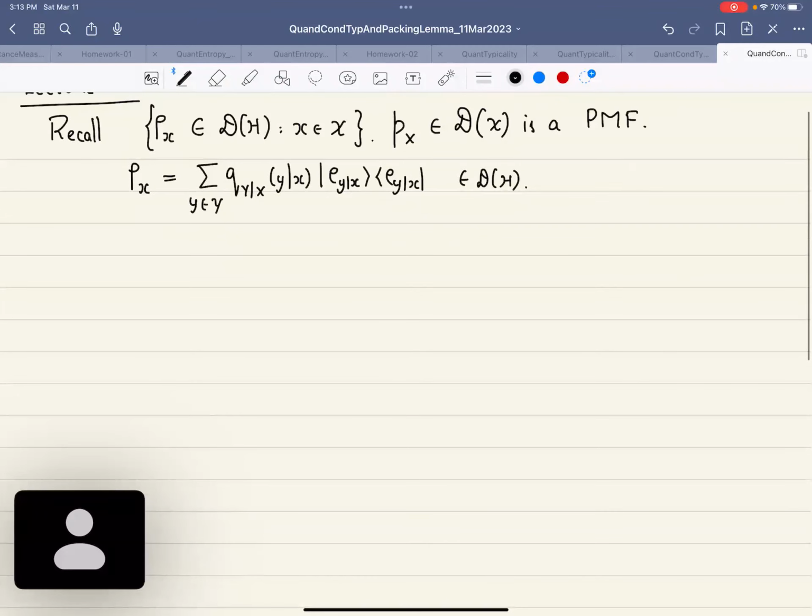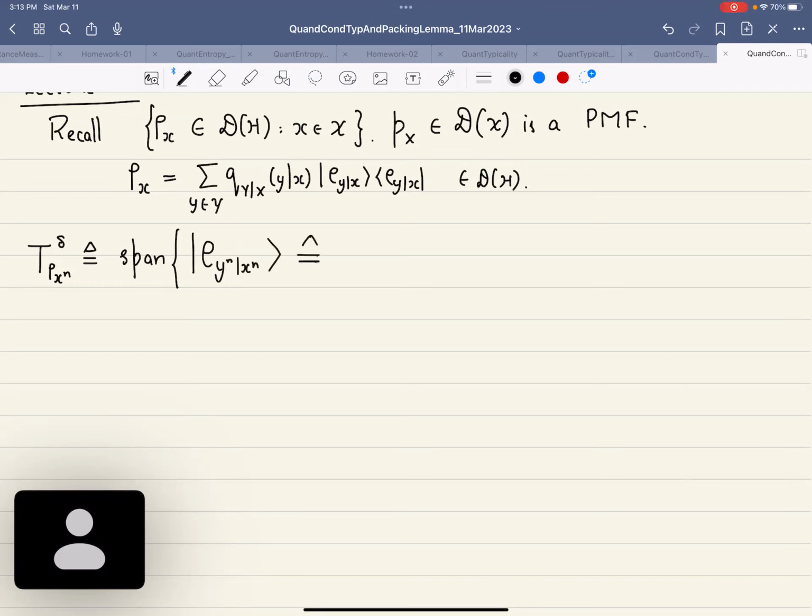Okay, we defined the T delta. So let's say rho x^n delta. I had a different notation there. I just put the span of the e y^n given x^n. So what do I mean by this?